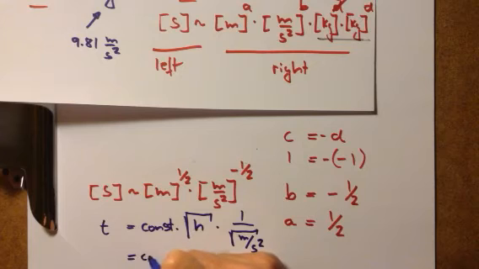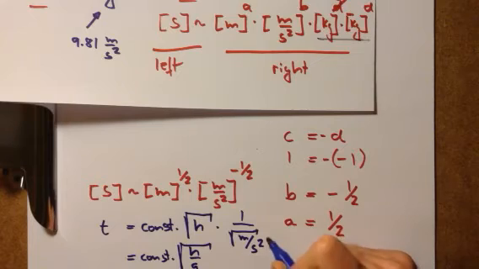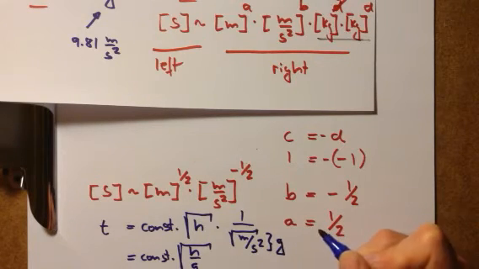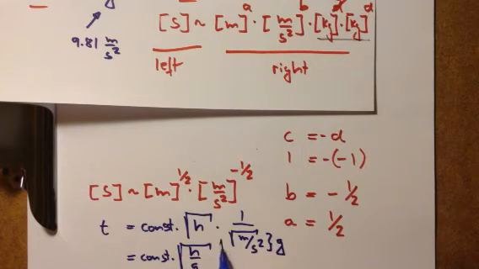So we get constant times the square root of h divided by gravitational acceleration. Here I should have written g.